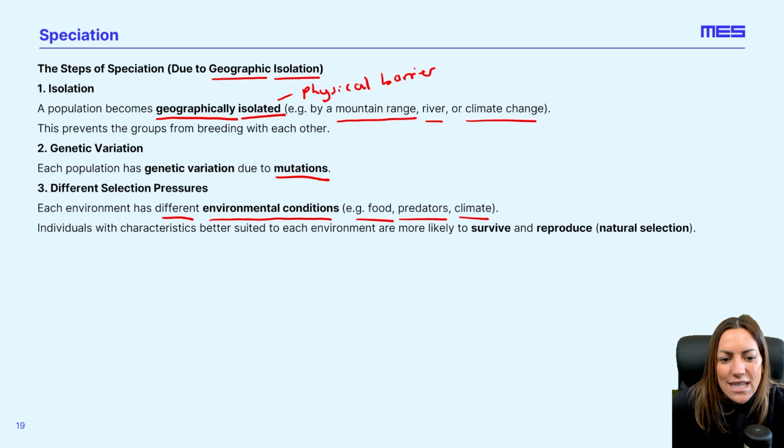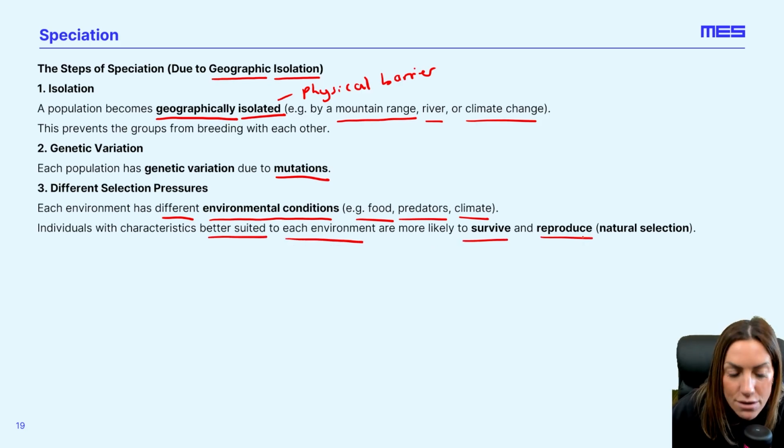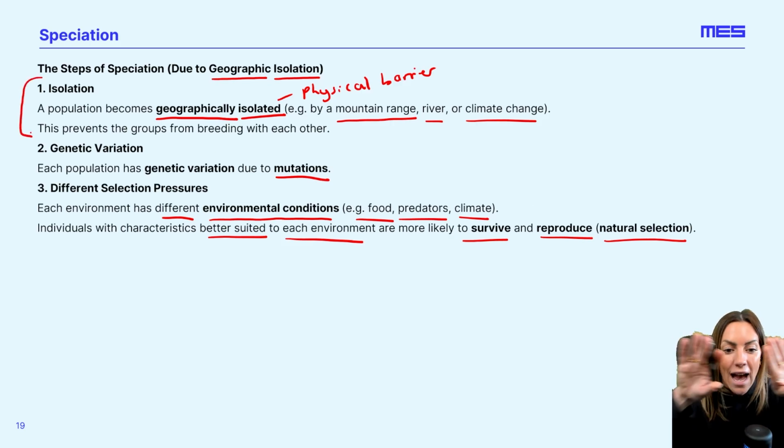Now, in each of these different environments, we will get natural selection. So individuals with characteristics best suited to each environment are more likely to survive, reproduce, pass on their genes, just like we say in a natural selection question. Okay, a lot of this is similar to natural selection, but you've got to remember that if it's a question on speciation, we have physically separated the population.